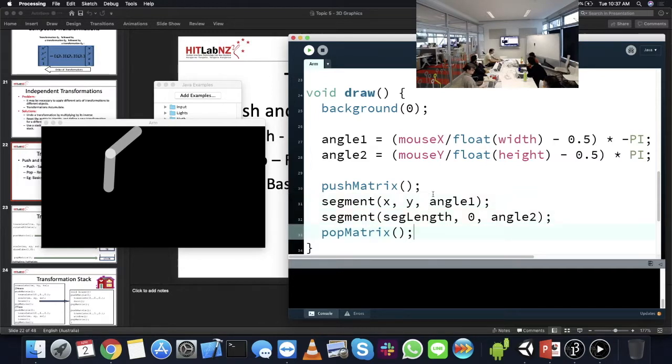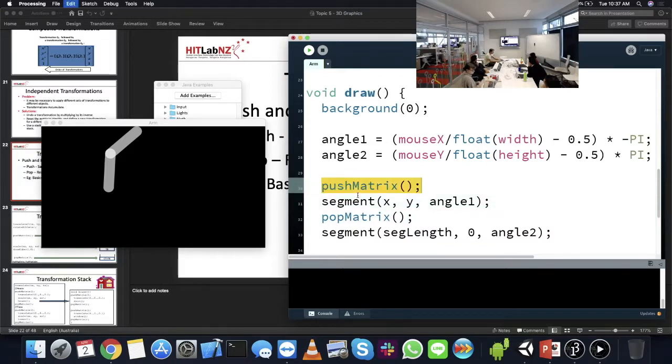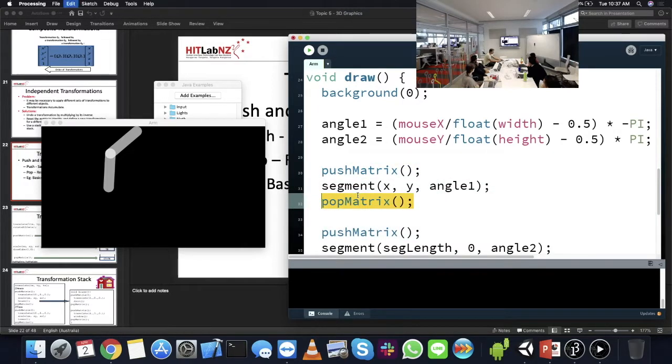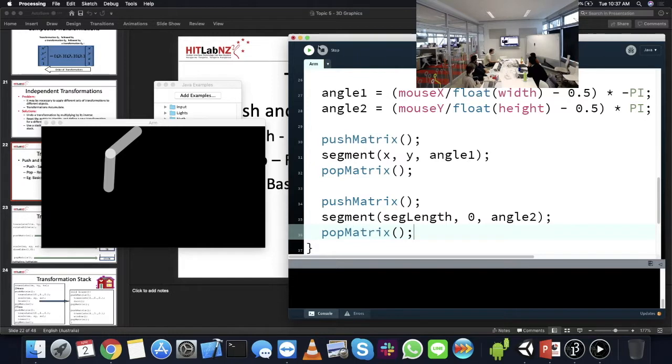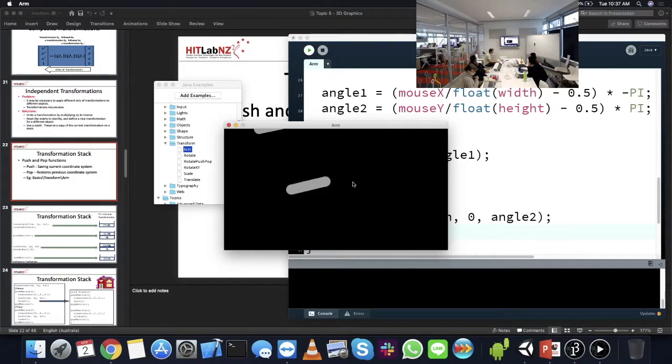But if we put a push and pop matrix around each segment and ran this example again, you'd see those two arms are now independent. This arm here is still x units across by y units down, rotated around and then drawn.